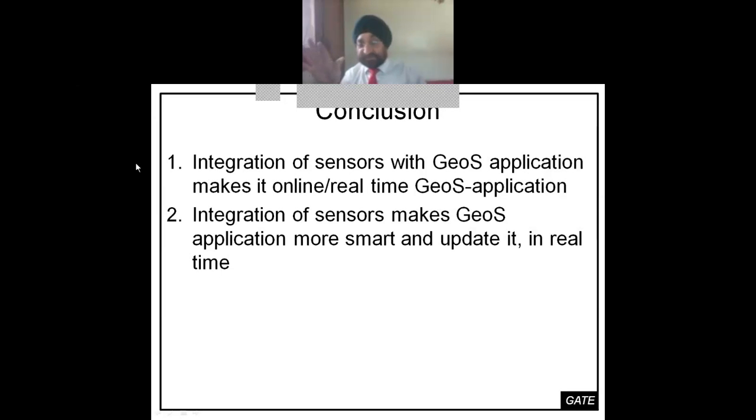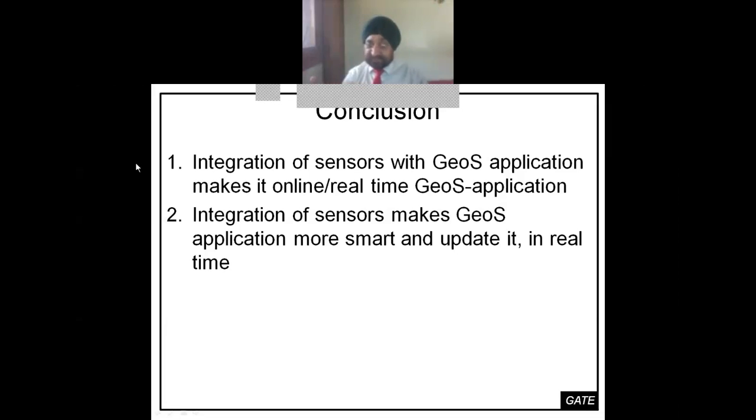So the conclusion. This is the last slide. What we can conclude from this presentation: the integration of sensors with geoscience, geospatial applications, geospatial technology makes it an online real-time application.